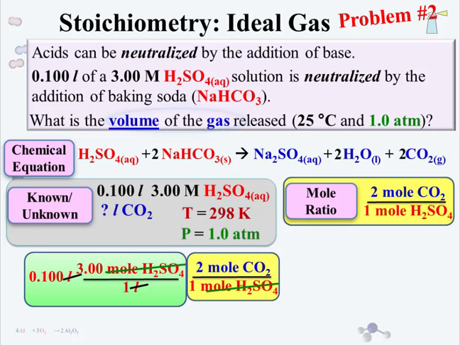After step 4, the solution equation should give moles of the unknown substance, and it does. In this reaction, 0.100 liters of 3.00 molar sulfuric acid can produce as much as 0.60 moles of carbon dioxide.